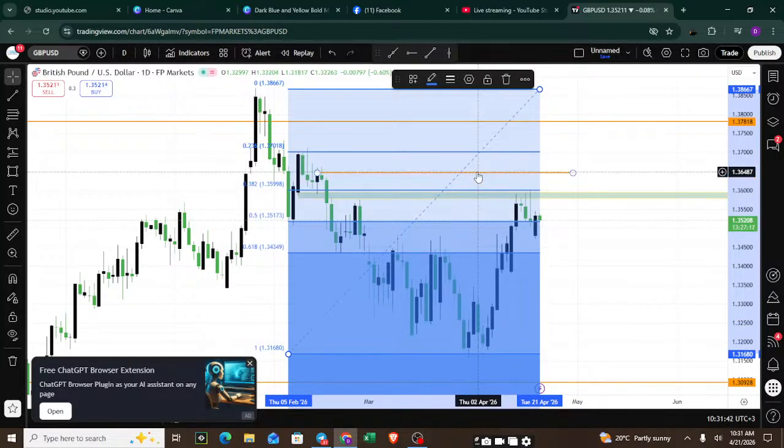So my system or my strategy is I look for the optimal trade entry in the higher time frame and then try to match that optimal trade entry in the lower time frame to look for setups. So we could see price get to this level at least 36,500.